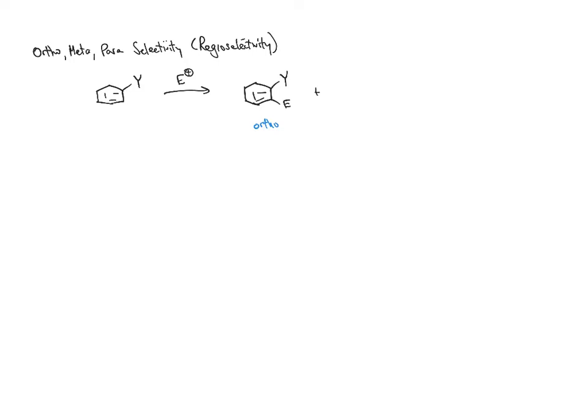We could get that electrophile substituting at what we call the meta position. Or we could get that electrophile substituting at the para position. Okay, so the ortho is a 1-2 relationship, the meta is a 1-3 relationship, and the para is a 1-4 relationship.